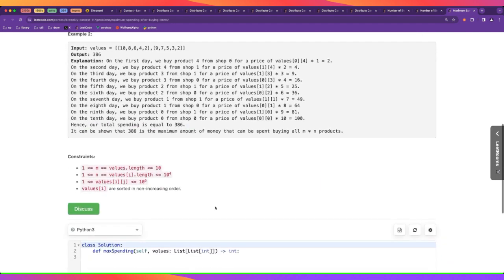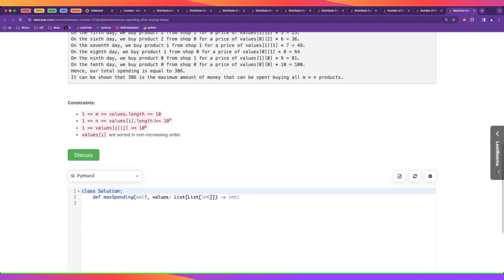Okay, so here we have examples, and notice here it is important that there are only 10 shops, so 10 rows at most. Always pay attention when there are some suspiciously small numbers. They are 10 to the 4. So the product of these two is 10 to the 5, so that's the total number of values that you get in the matrix.